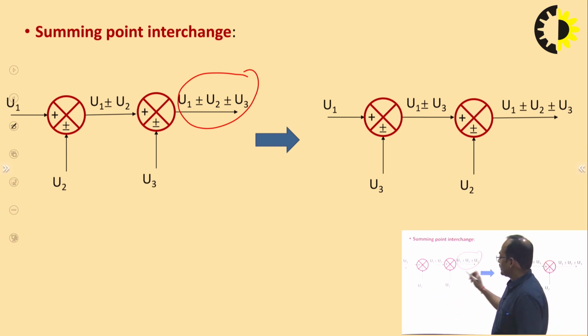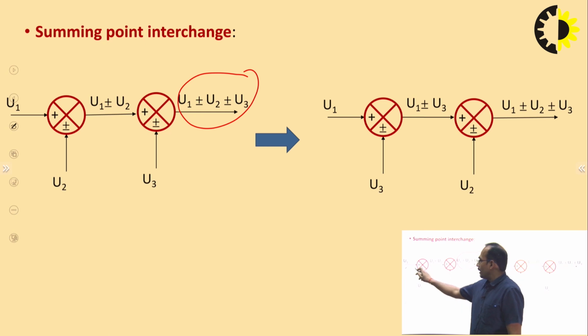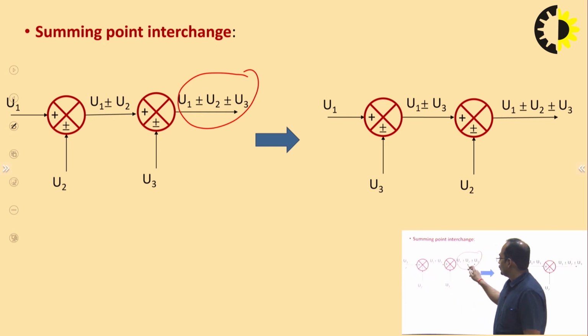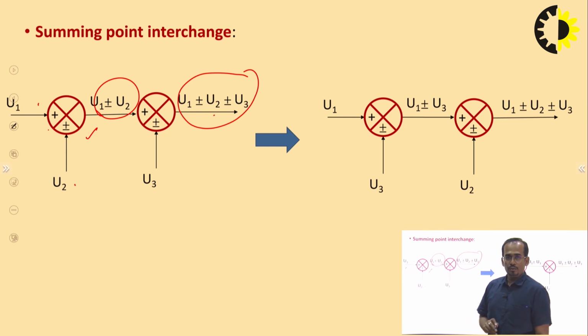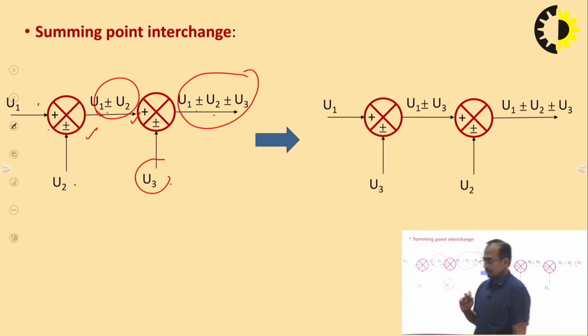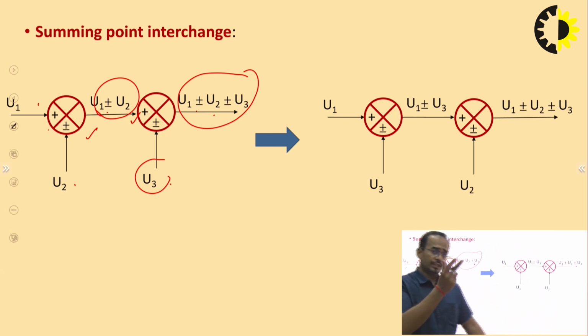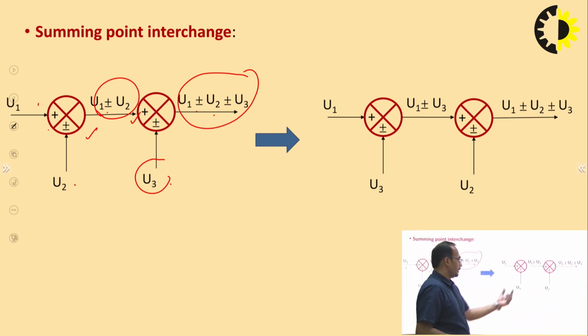Here you can see that we are getting the output u1 plus or minus u2 plus or minus u3. This is the summing point. Here I have given u2 as an input, so I get u1 plus or minus u2. This is the input here and u3 is this, so I get u1 plus or minus u2 plus or minus u3. If I interchange the summing points, what will happen?